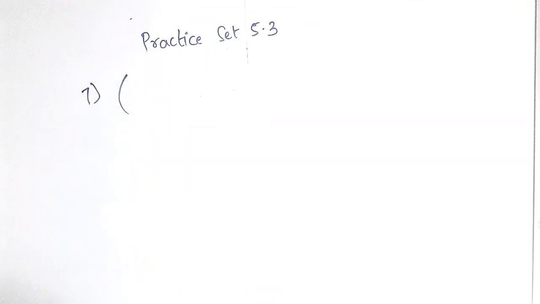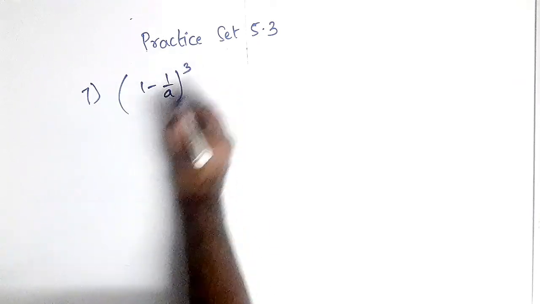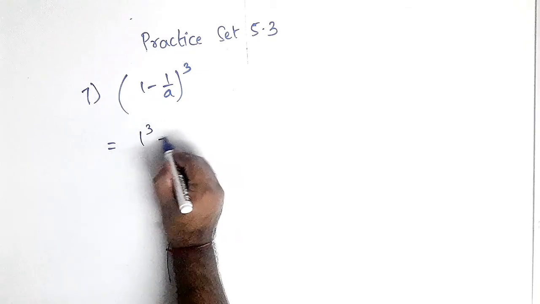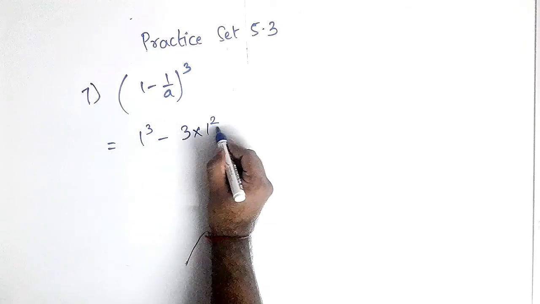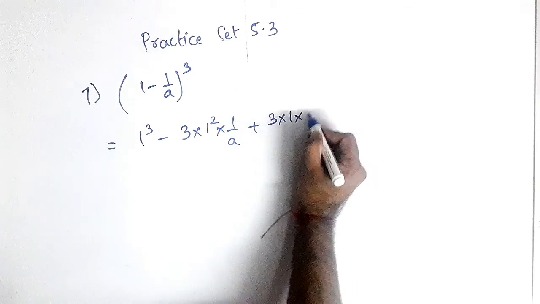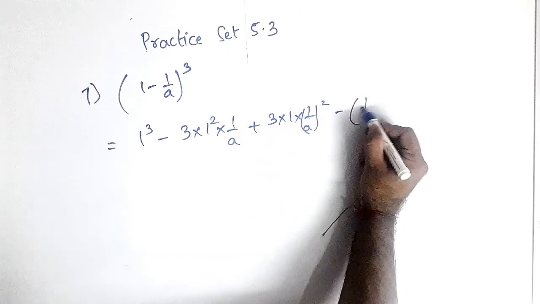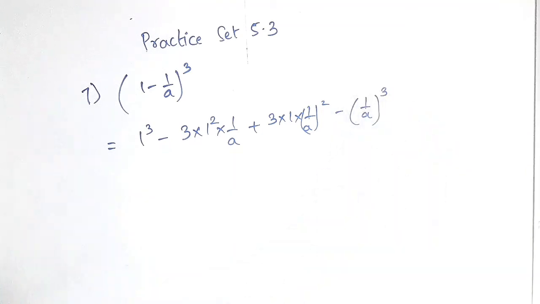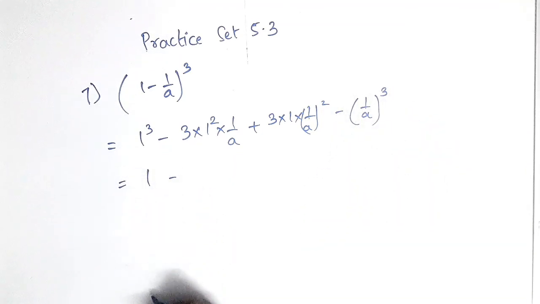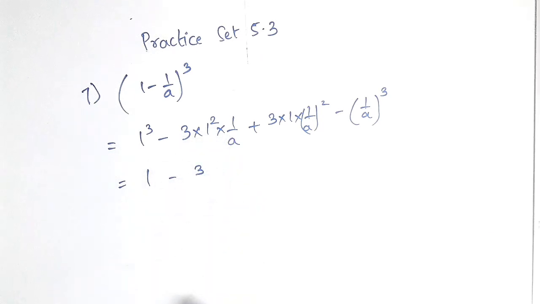That is 1 minus 1 by a the whole cube. So I'll take this as a, this as b. A cube minus 3a square b plus 3ab square minus b cube. Okay, 1 cube is 1 minus 1 square 1, so 3 into 1 into 1 is 3.